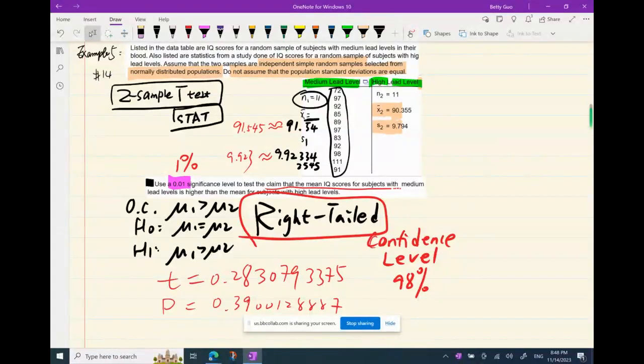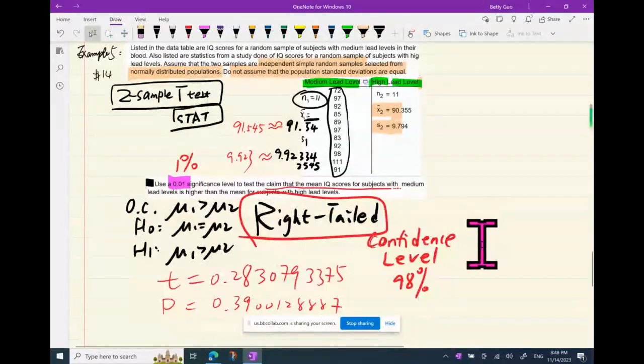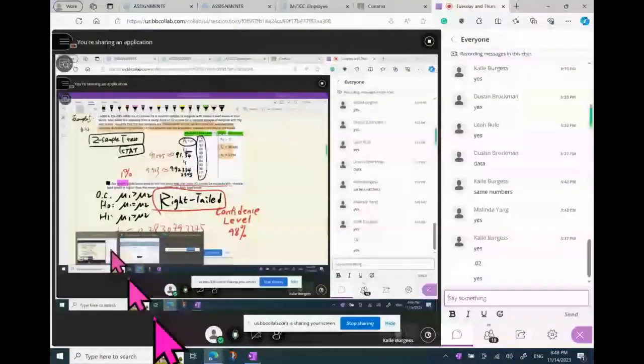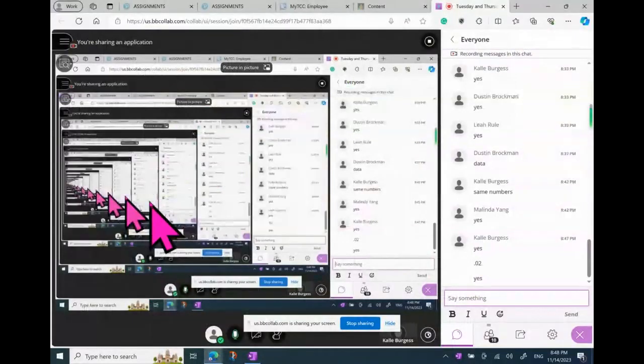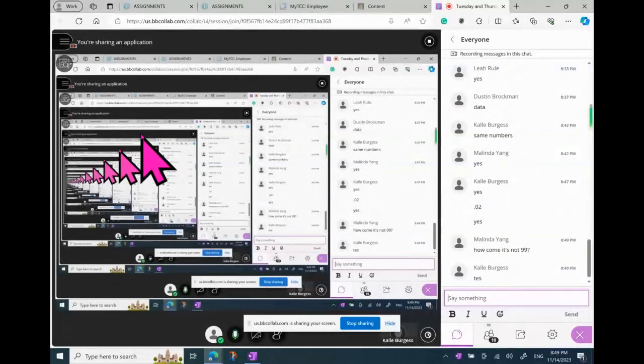Because the test is one tail. We have to do that to make it symmetric. Okay, guys, do you understand why the confidence level is 98%? Melinda, how come it's not 99%?